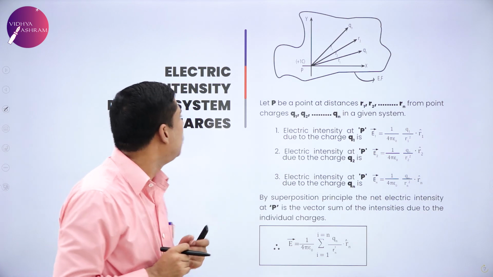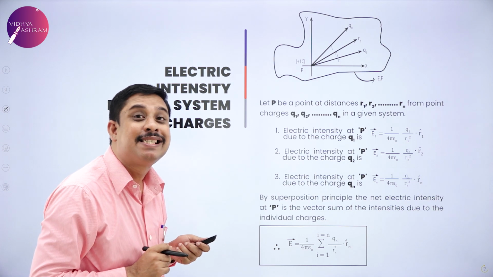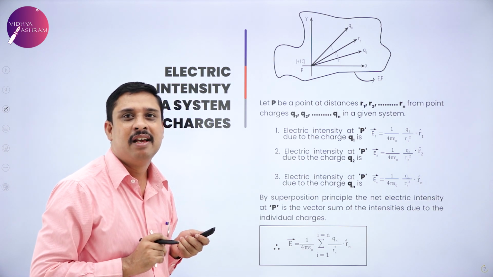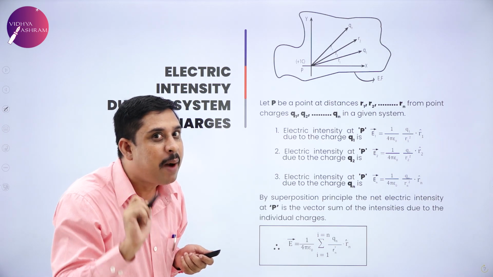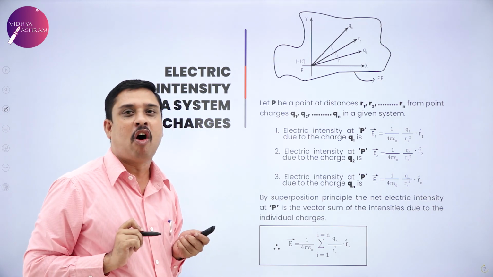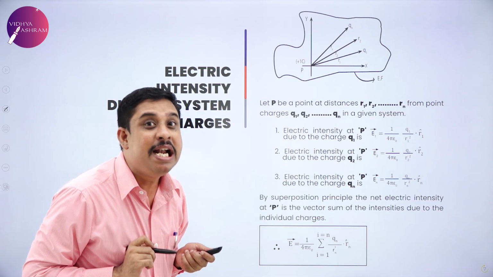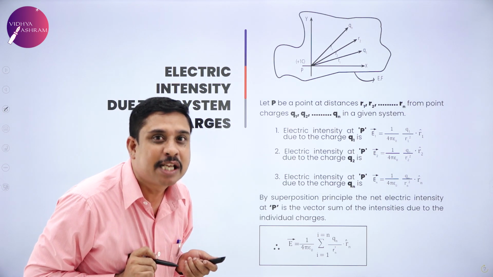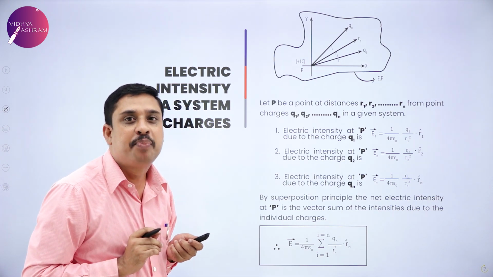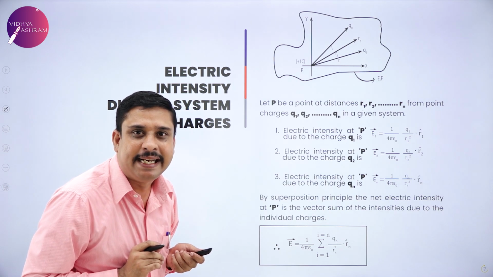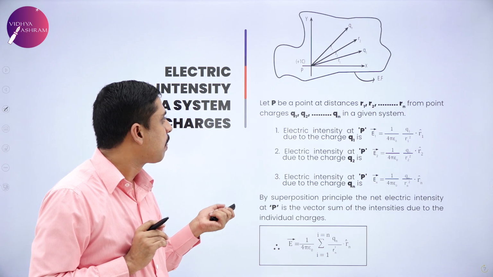You will calculate now electric intensity due to a system of charges. Again, due to a single point charge, 1 by 4 pi epsilon naught Q by R square. Now, if I consider multiple charges, a system of charges, the assignment for you all is to compute the electric intensity. Hope you do this, students.